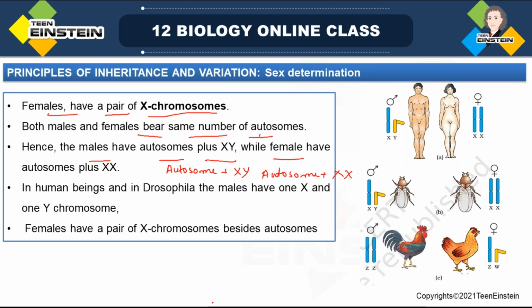So in XY type, to understand that mechanism, they tried a number of species. Male and female have the same number of chromosomes in insects like Drosophila and mammals including man, and in a plant also, Melandrium.